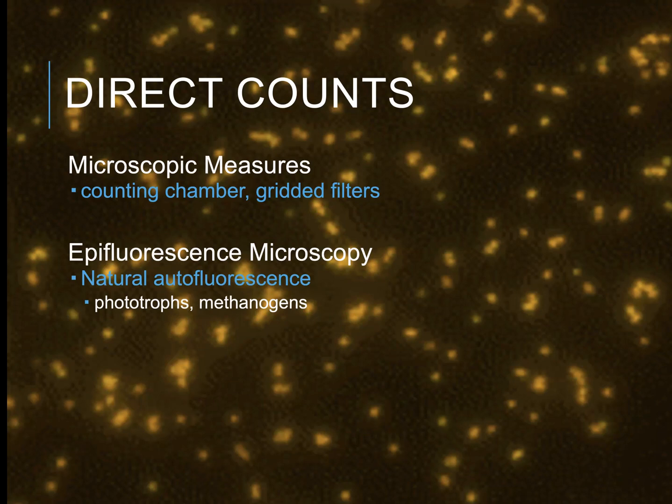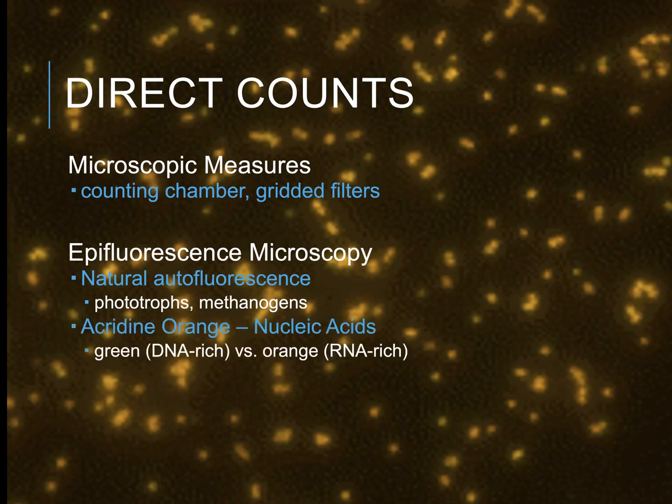So if you shine green light, they will fluoresce in kind of a reddish color back at you. Methanogens within the archaea are similar. A different set of wavelengths will excite different pigments. It's not a photopigment in the case of methanogens, but it's something that will light up.